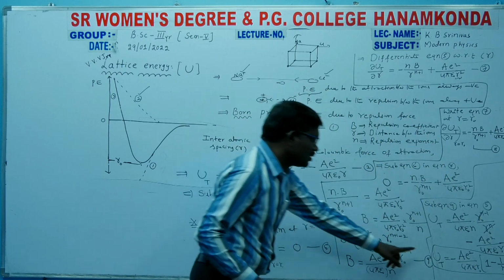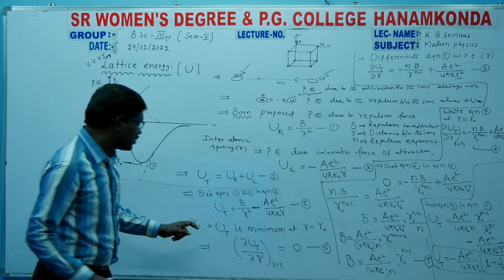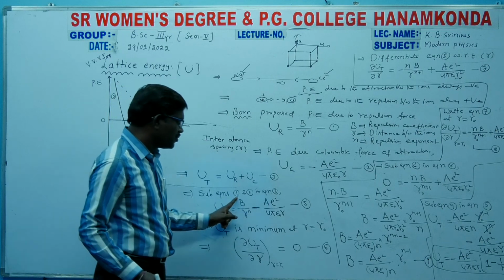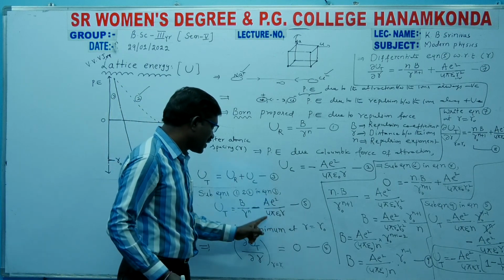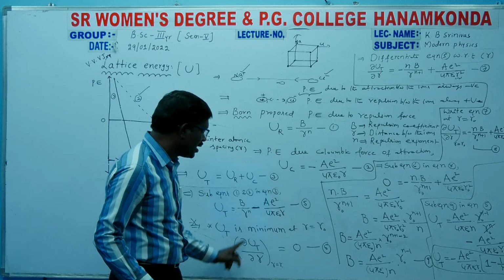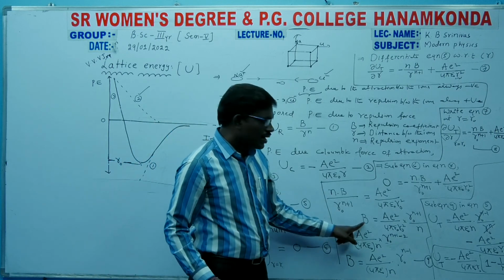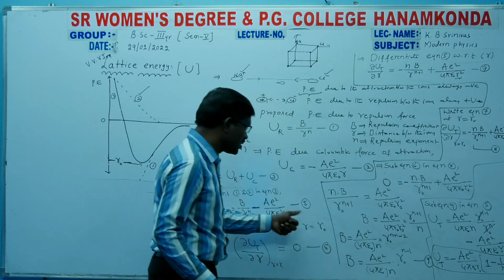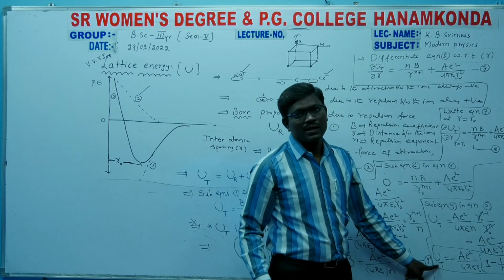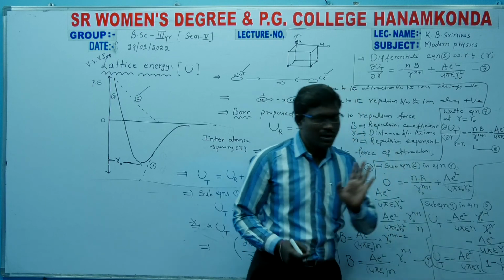So to calculate this total energy, we need to calculate potential energy due to repulsion force, potential energy due to attraction force. After that, we have to calculate B value individually like this and substitute B value in this equation, right? You will get the total potential energy as equation number 10.